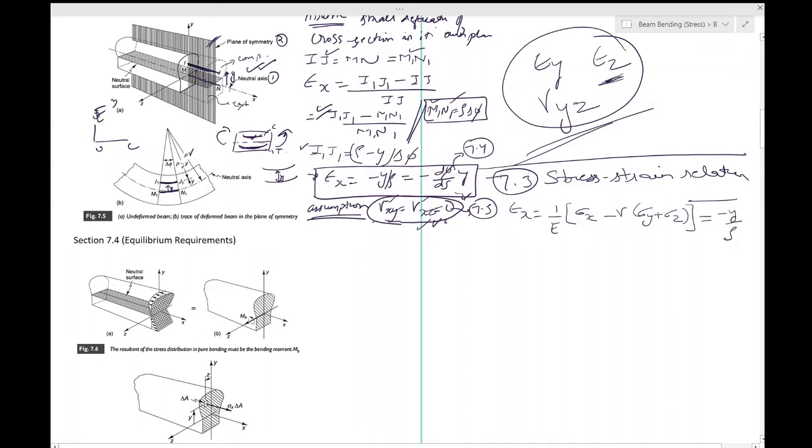It's coming from over here, and gamma xy would be equal to tau xy by G. This is equal to 0 because of this equation, and similarly gamma xz will be equal to tau xz by G equal to 0. So we learn that the shear strain gamma xy and gamma xz are also equal to 0 in pure bending.